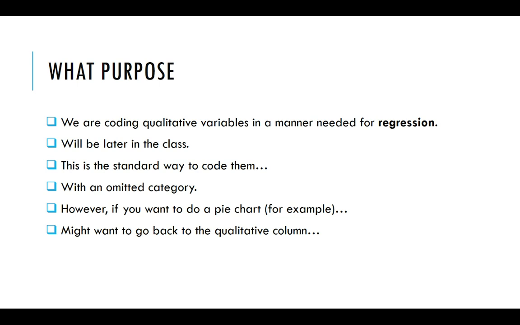I don't need to go back, but maybe if it's easier for you to think about, you go back to your qualitative columns and you can do something like a count if command, trying to figure out how many males, how many females are in a data set if those are my only two options. So I'm not suggesting that you have to do everything off of your dummy variables. You certainly don't. I'm simply making sure that we know how to code them for future use.